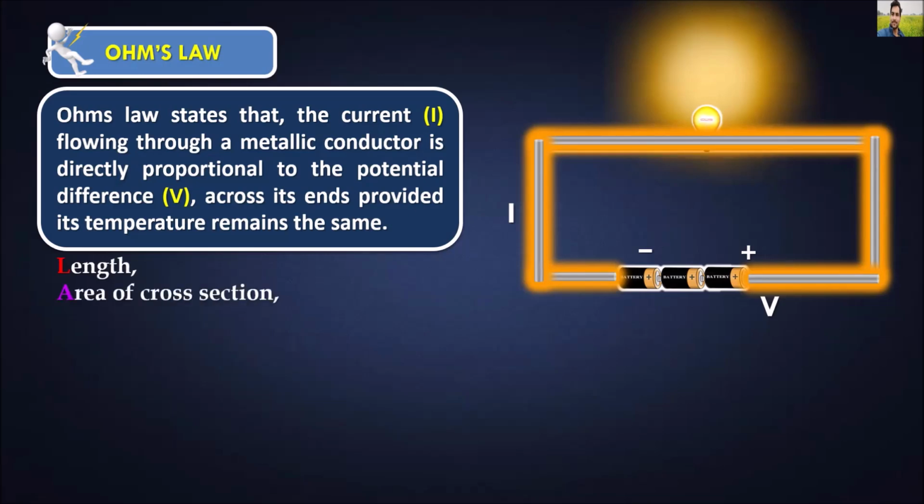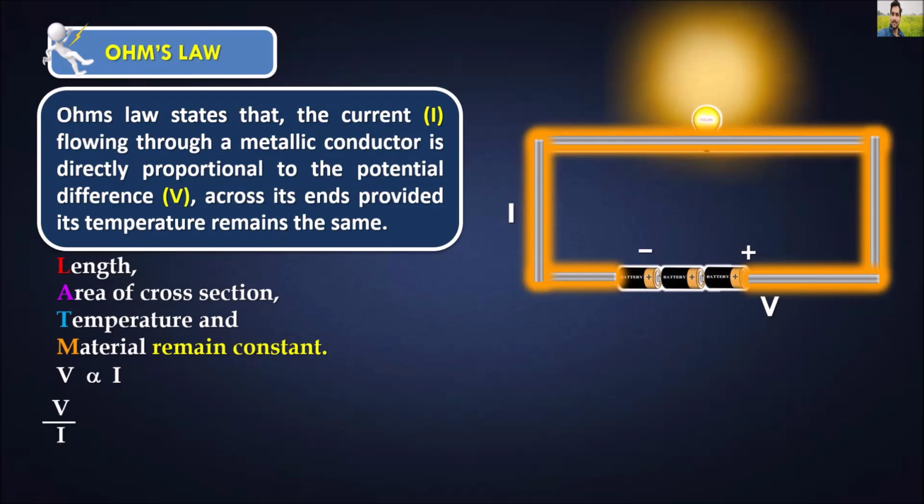Length, area of cross section, temperature, and material of the conductor should remain constant. Only in that case is Ohm's law valid. V is directly proportional to I, which means if we increase voltage, electric current in the circuit also increases.